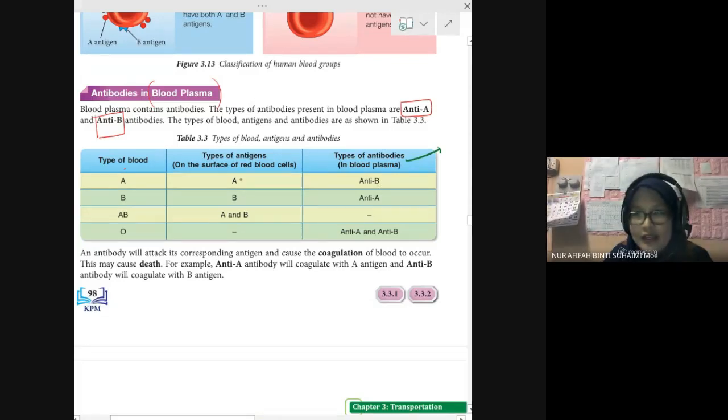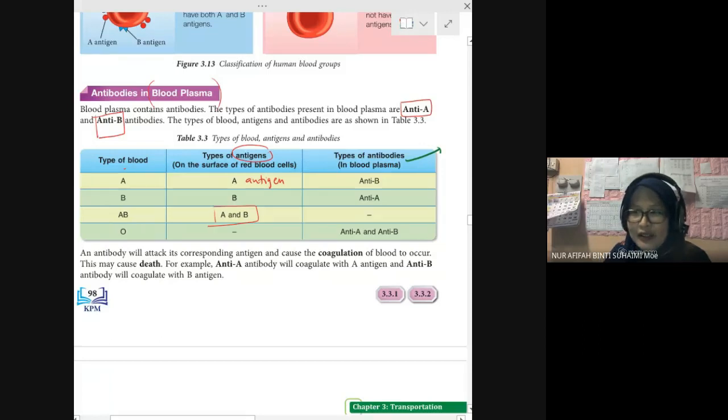It has A antigen, but antibody B. For B, it has B antigen, but the blood plasma contains antibody A. So this one is reverse. For AB, it has antigen A and antigen B, but the AB group does not have antibody.